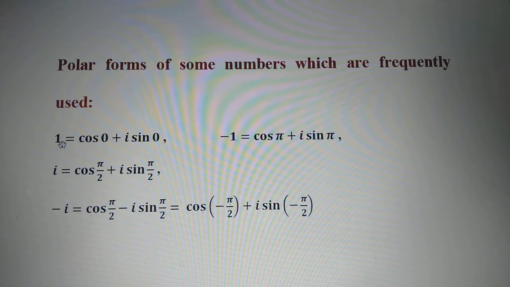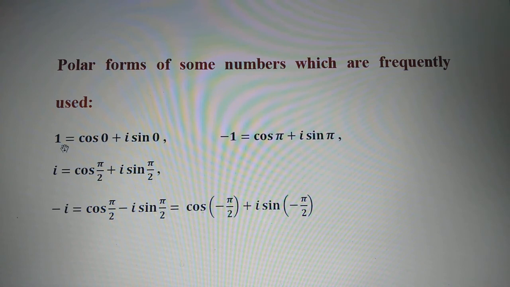Here 1 means x and 0 means y. But x is equal to r cos theta and y is equal to r sin theta. So r cos theta is equal to 1 and r sin theta is equal to 0. Solving those equations, we find r is equal to 1 and theta is equal to 0.